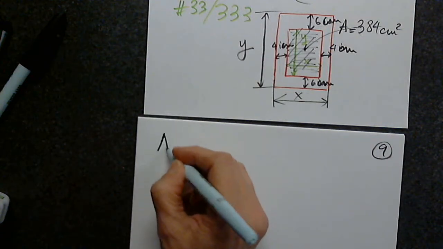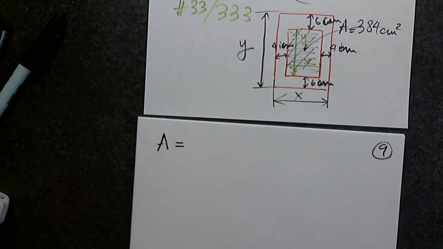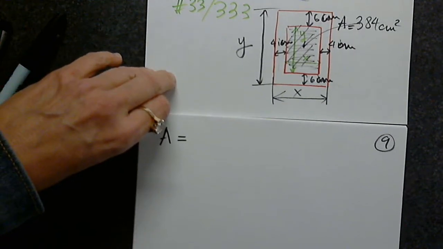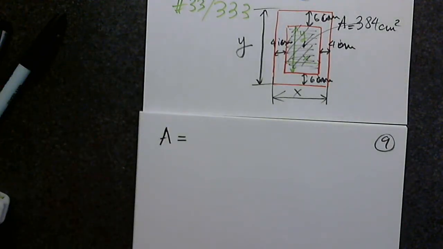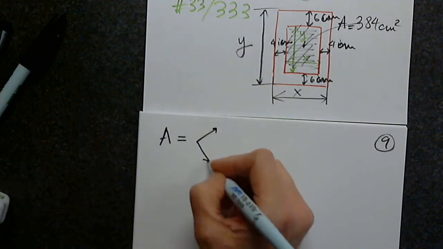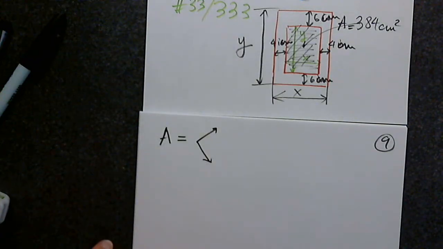So let's start with the total area. We're trying to minimize the total area. One option would be, let's look at both options and then decide.